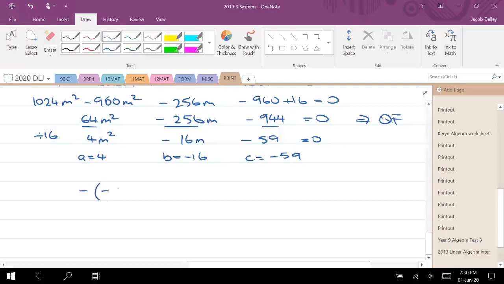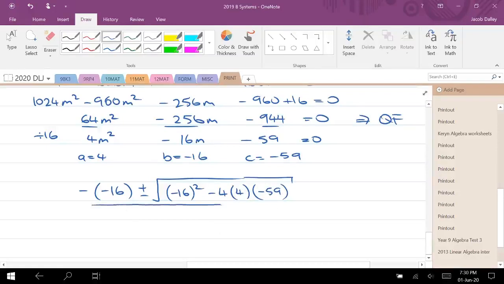Negative b plus or minus the square root of b squared minus 4 times a times c, all over 2 times a. So that will give us, because the plus and the minus, 2 answers for our gradient.